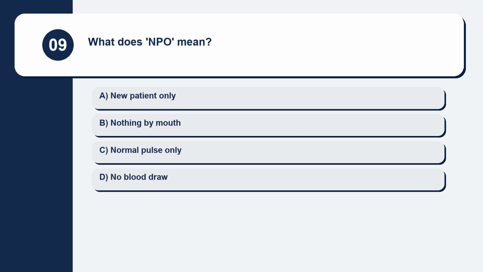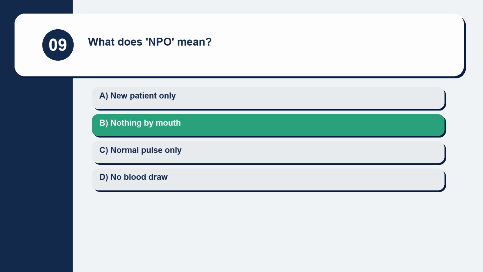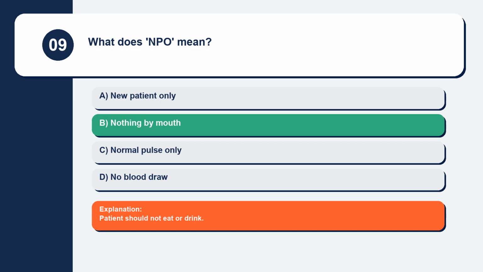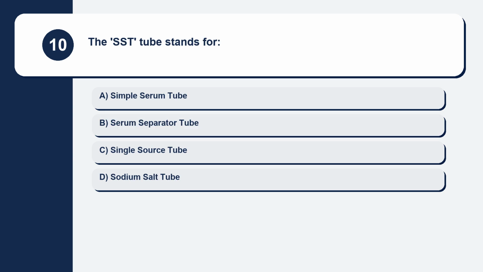Question 9. What does NPO mean? New patient only, nothing by mouth, normal pulse only, no blood draw. Patient should not eat or drink. Question 10. The SST tube stands for: simple serum tube, serum separator tube, single source tube, sodium salt tube.